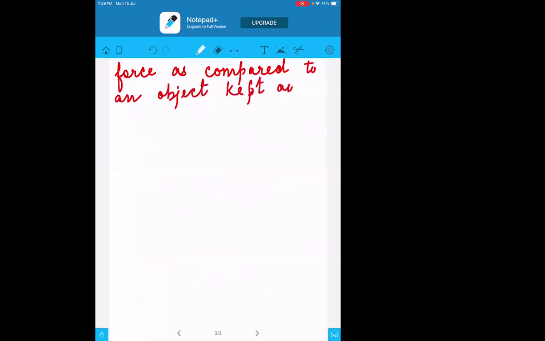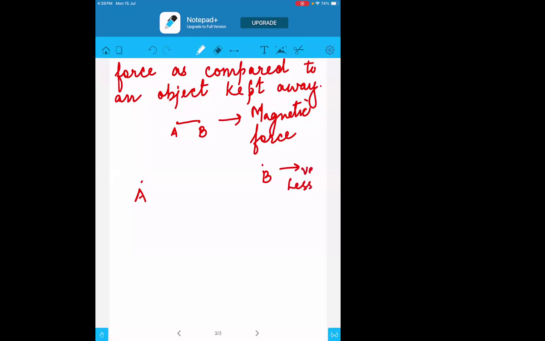If they are kept close, like here we have magnet A and here magnet B, you will notice the magnetic force is created. But if point A is here and magnet B is far away, the magnetic force will be very, very less or not there at all, because the distance has increased, so they do not have the power to produce force between magnet A and magnet B.